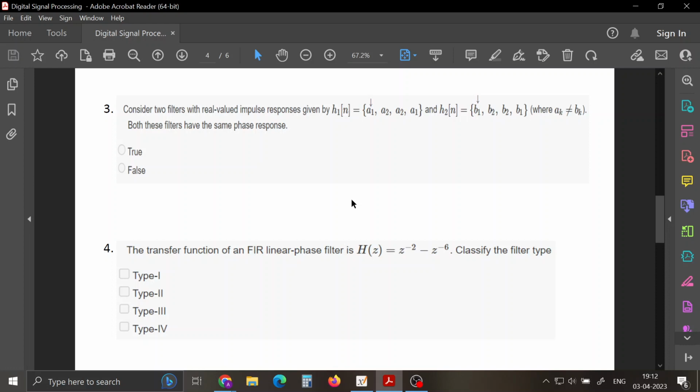Now the statement given is that both these filters have the same phase response. We need to find whether it's true or false. So again this is a conceptual question.